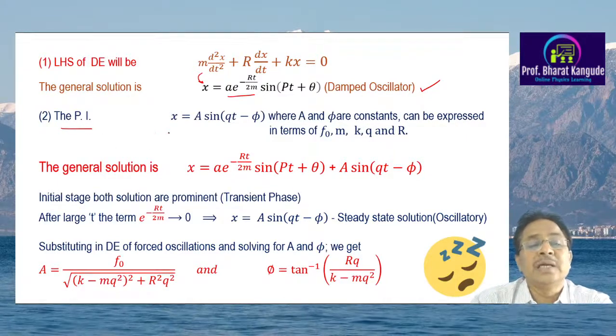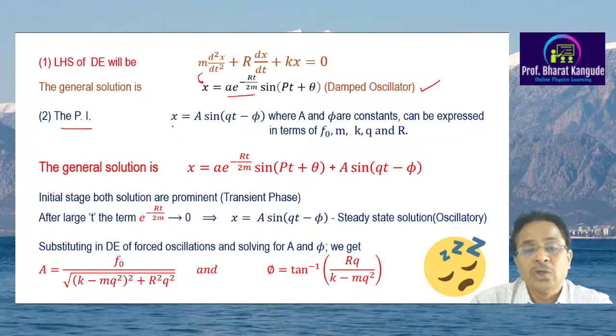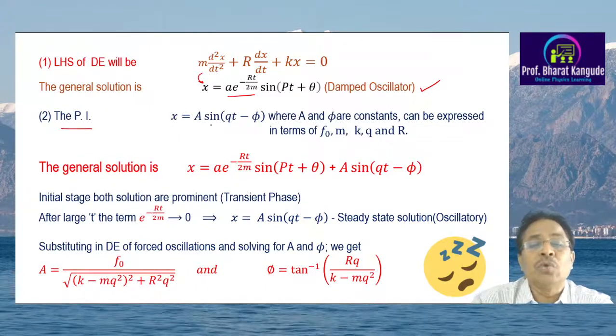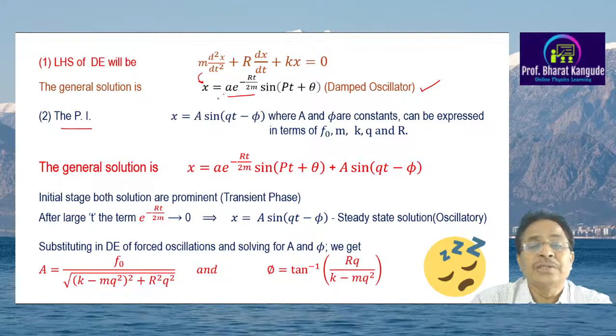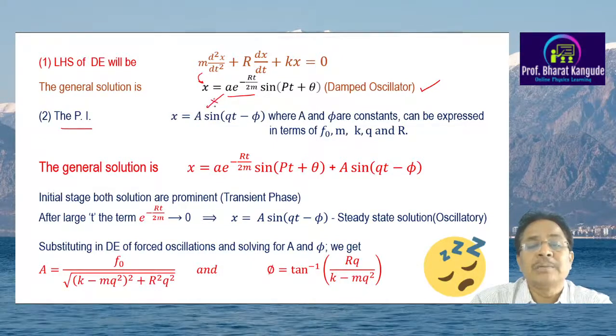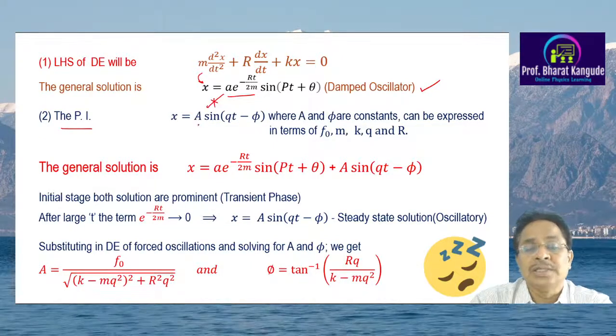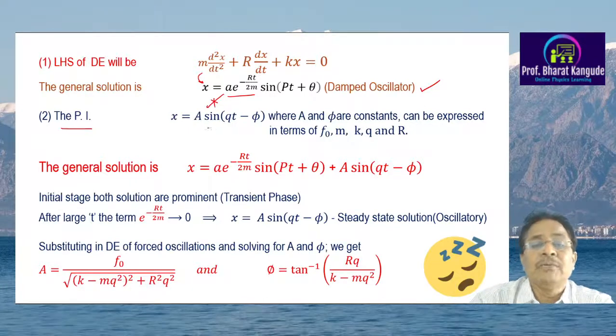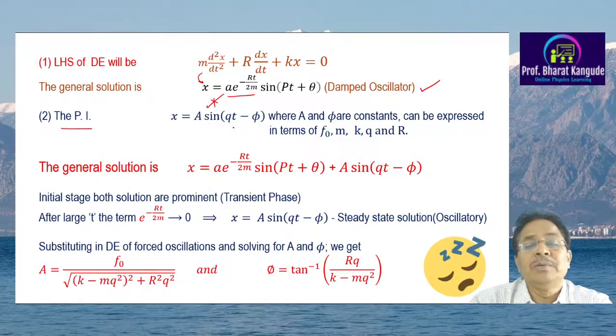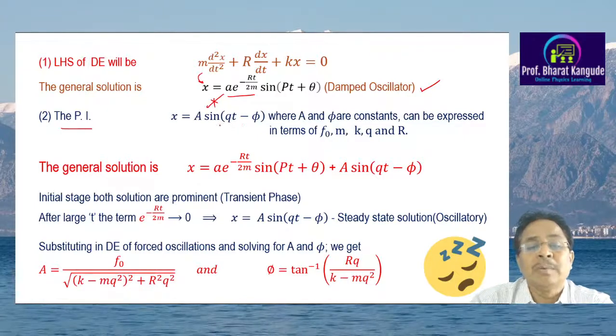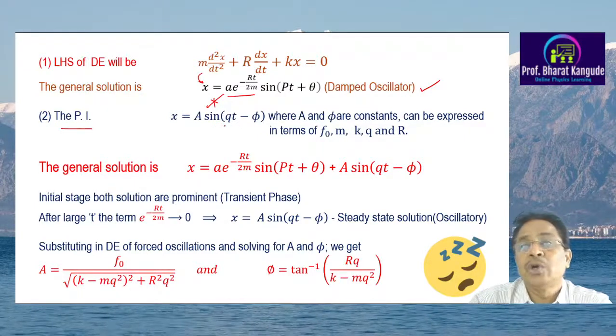In this case, the solution is assumed to be of the form x equals a, and this a is different from the earlier a. So this capital A and this a have no relation at all. This is a different amplitude, multiplied by sine of qt minus phi. Remember, sine of qt minus phi is just a number.